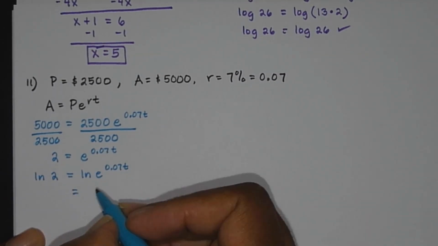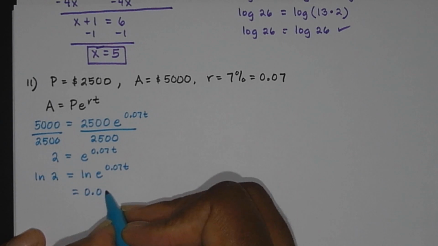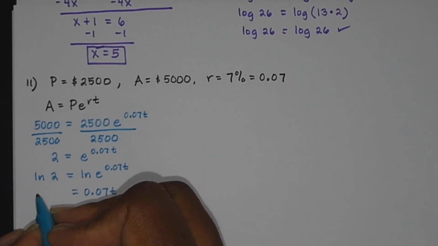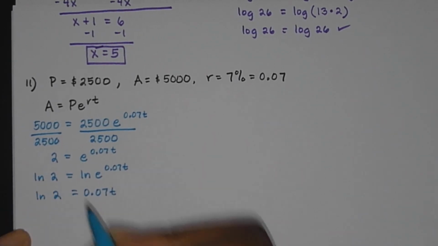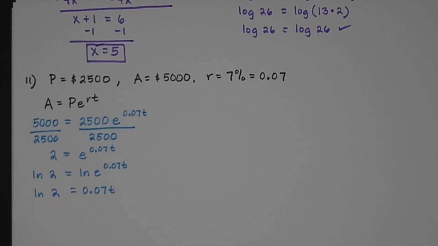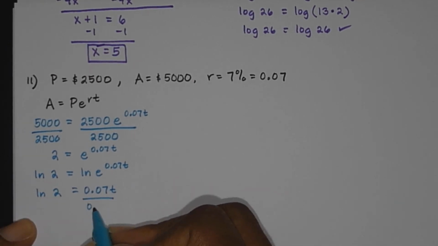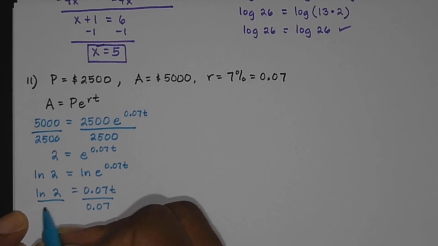So ln of e to the 0.07t will be what? 0.07t. Right? And then that's equal to ln of 2. Keep in mind that ln and e are inverses, so ln of e to whatever your exponent is gives that exponent. Now to solve for t, I need to divide by 0.07.